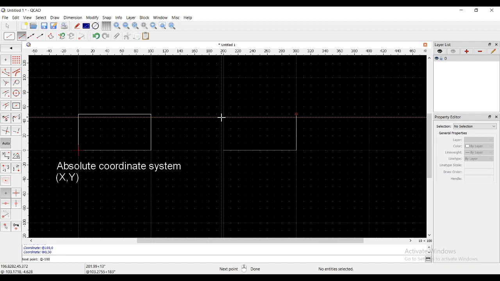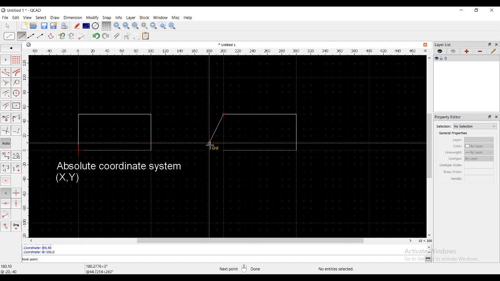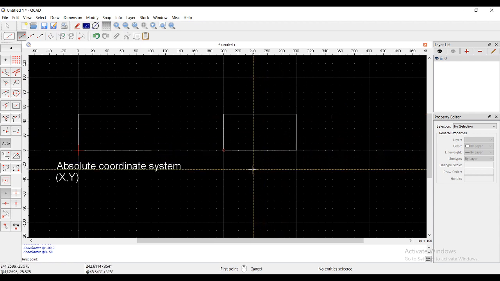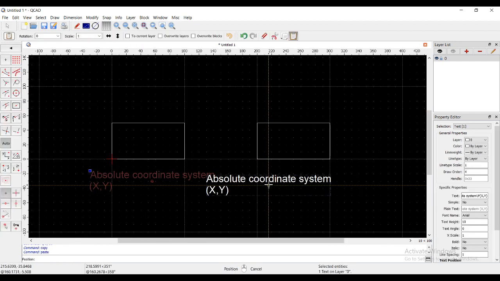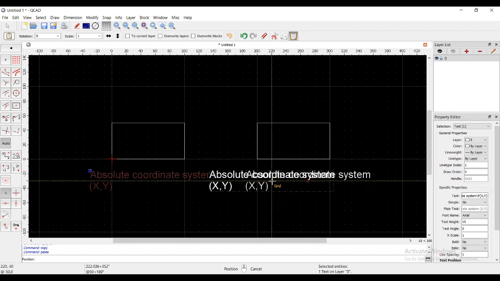The right hand side will be positive and left hand side will be negative for x, and upside will be positive and downside will be negative for y. So I will go with minus 100 comma 0. That will give me the horizontal line. Then I will go with 0 comma minus 50. So this is called the relative coordinate system.